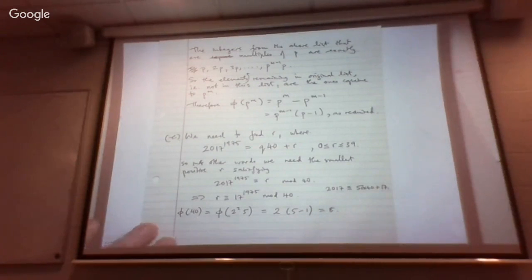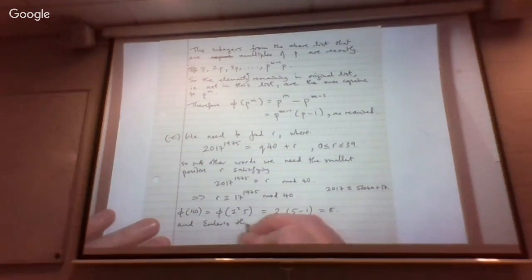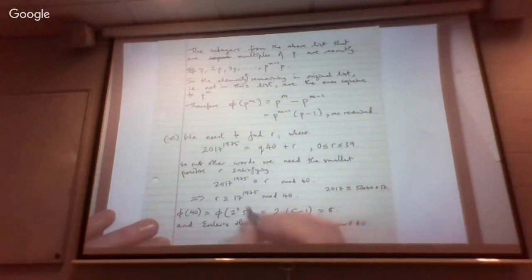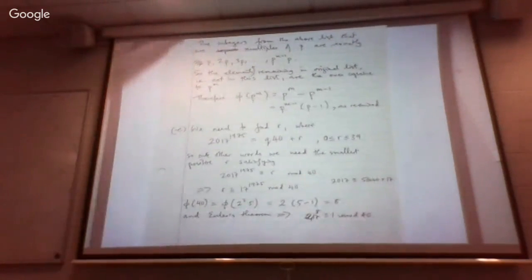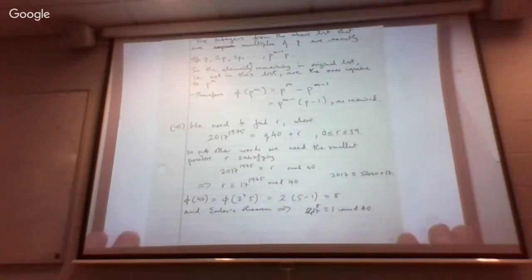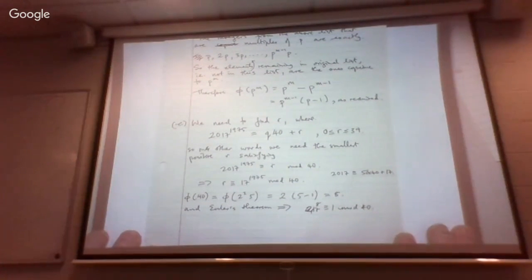Euler's theorem, we should carefully state the results we use, implies that anything to the power phi of 40 is congruent to 1 modulo 40 if it's co-prime to 40, which 17 is.